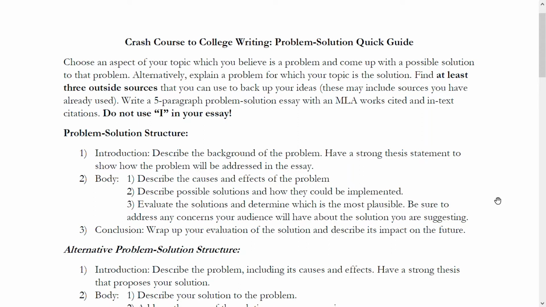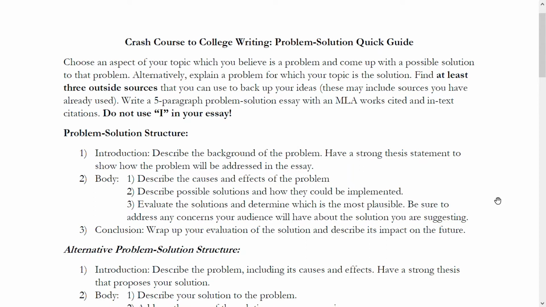The other thing you can do is if you think there's some aspect of your topic that is a good solution to a problem, then you're going to explain that problem and then how your idea or your topic is the solution. You're going to have to use at least 3 outside sources to back up your ideas.